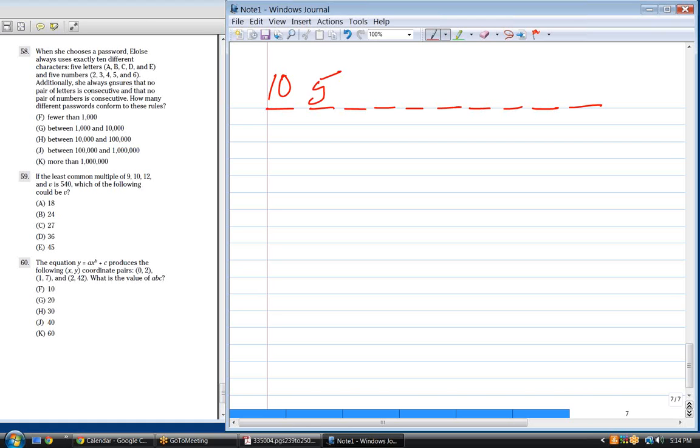No pair of letters is consecutive, and no pair of numbers is consecutive. We can repeat, though, right? Yeah. So how many choices on the third? 5. We have five letters that we could choose. And then 5 numbers, and then 5 letters, and then 5 numbers, and so on.